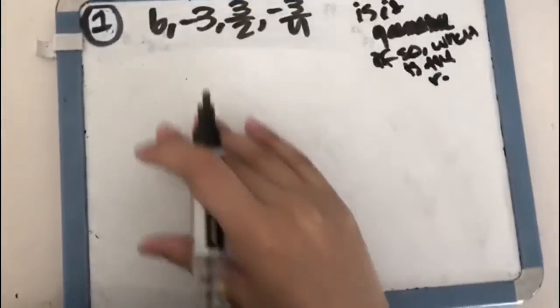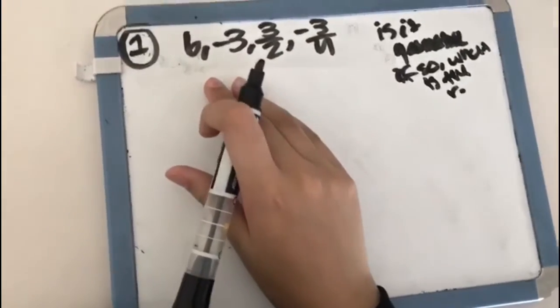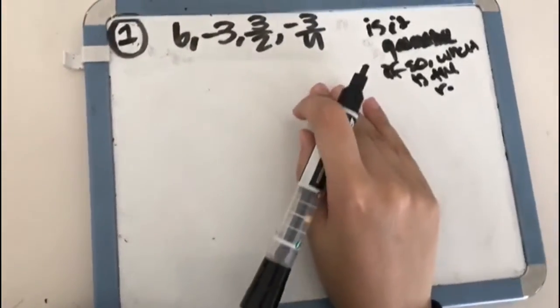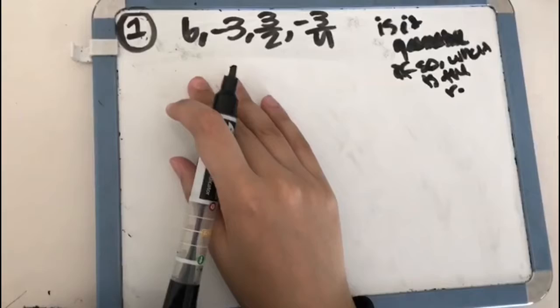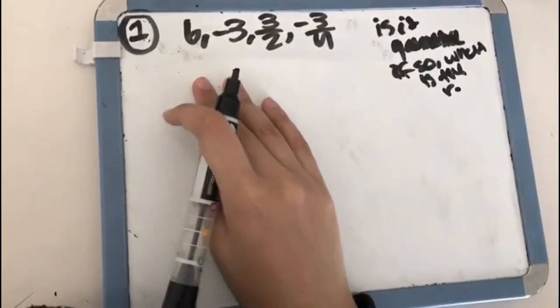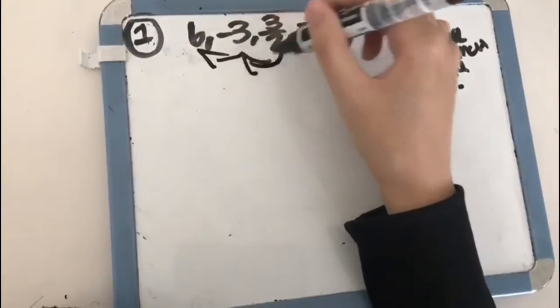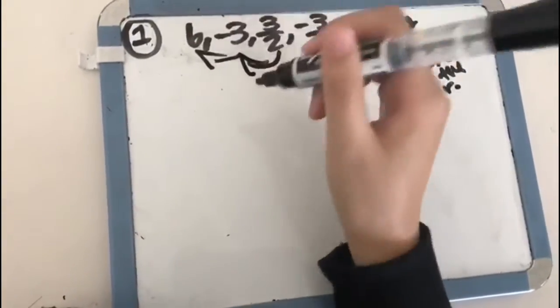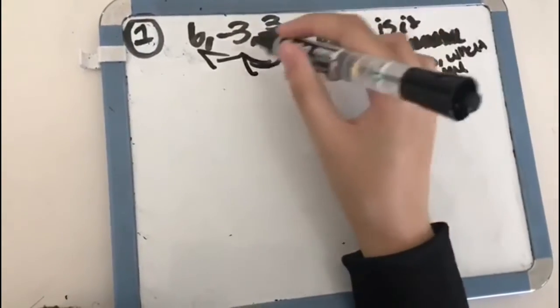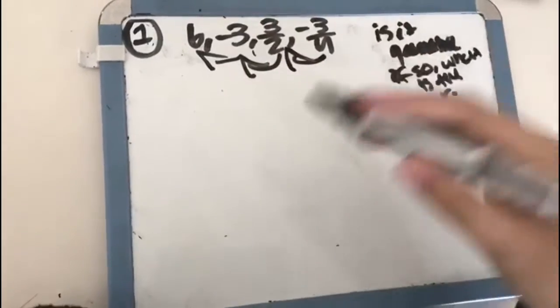Last time you subtracted because it was arithmetic, right? But this topic is geometric, so we're going to divide. Every time, we divide each term by the one before it. So it's going to be -3 divided by 6, 3/2 divided by -3, and so on.